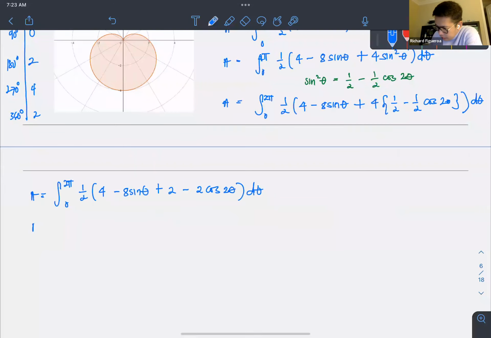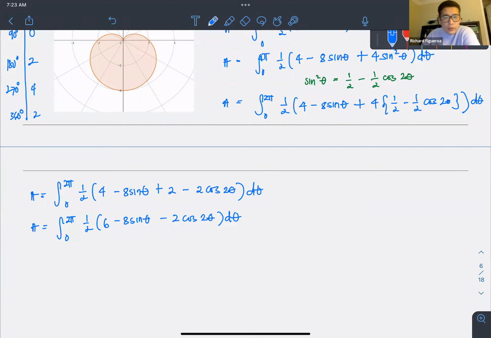Then we combine, so from 0 to 2 pi, I'll have 1/2 times 4 plus 2, that will be 6, minus 8 sine theta minus 2 cosine 2 theta, d theta.